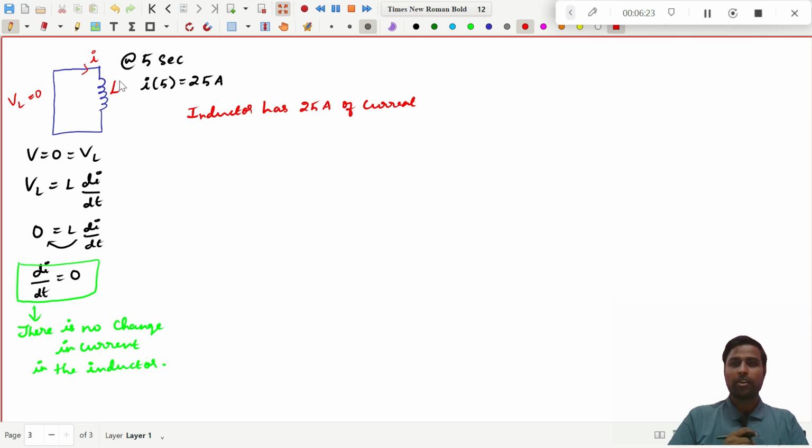Anyhow, the point you have to understand is that inductors can store energy literally, but we have not found what is the expression for the energy storage in an inductor. Fine. So with this, we will stop in this lecture. And in the next lecture, I am going to derive the expression for how much energy this inductor can store. We will express it. Fine.